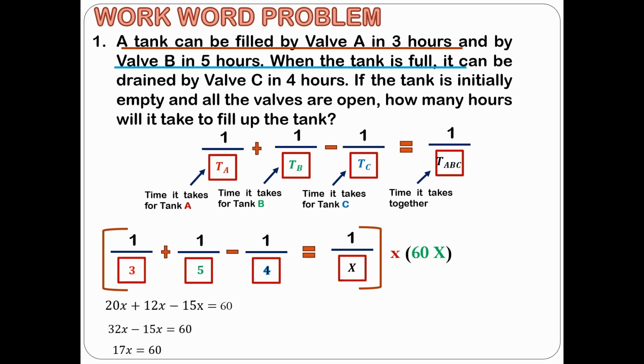Then add the common term, we get 17x is equal to 60. Solving for x, we get x is equal to 3.53. So the time it takes to fill the tank if all bulbs are open is 3.53 hours.